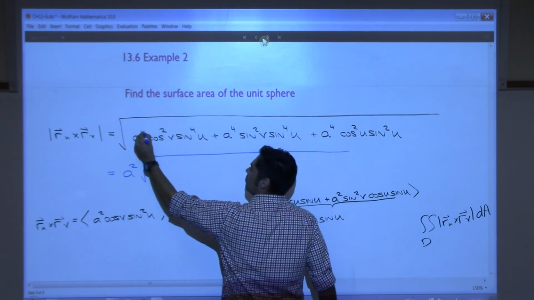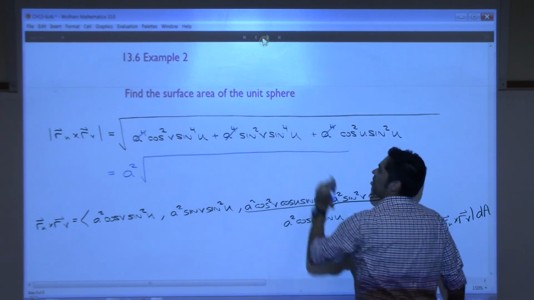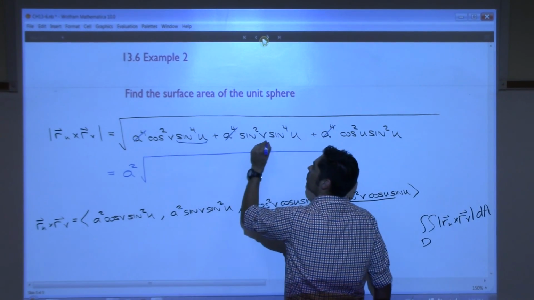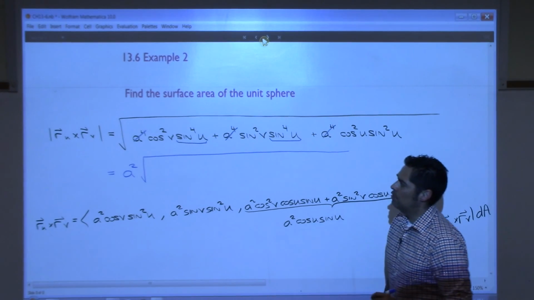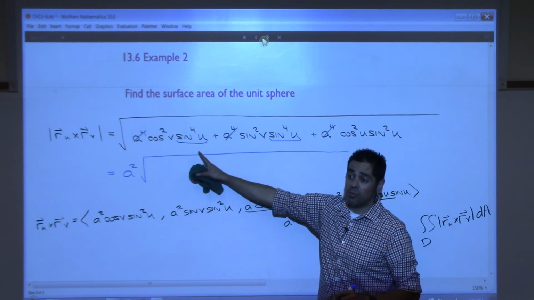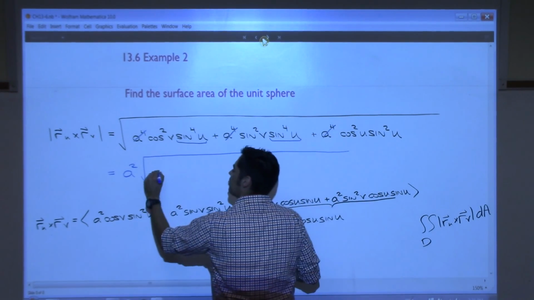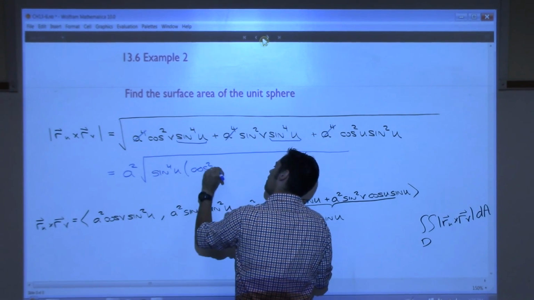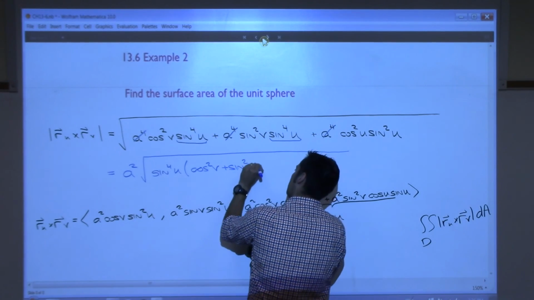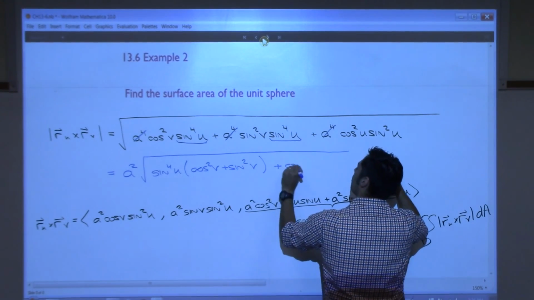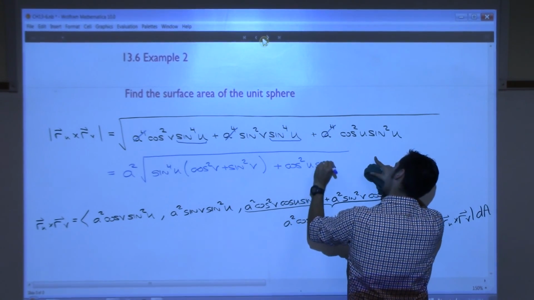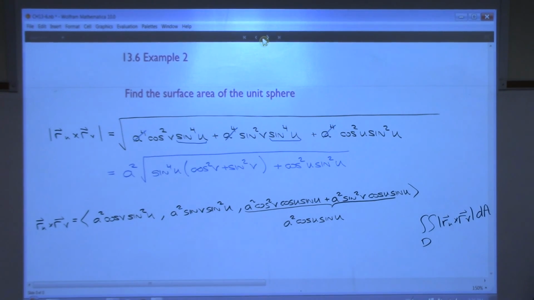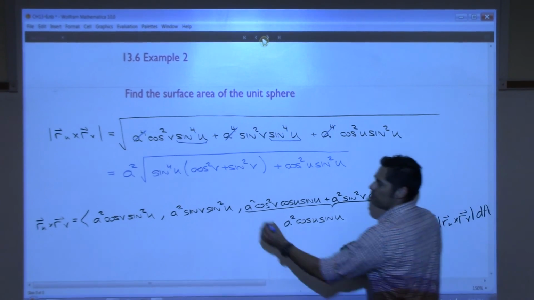On these two, I have sine to the fourth u, so just pull that out of those two only. And I'll have sine to the fourth u times cosine squared v plus sine squared v. And then over here I have plus cosine squared u sine squared u. Right? Which this turns into a 1.